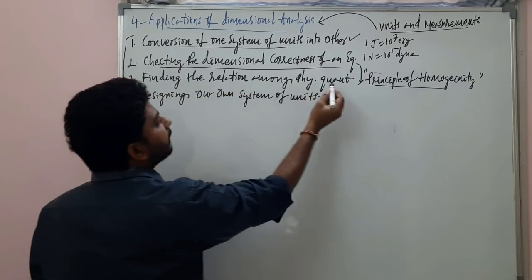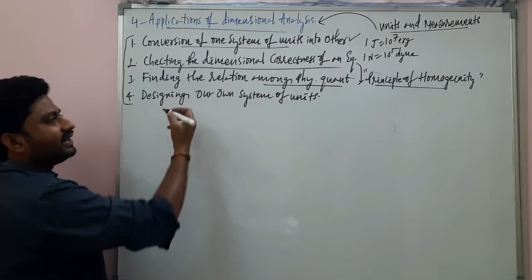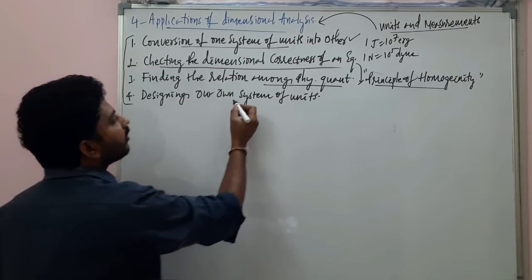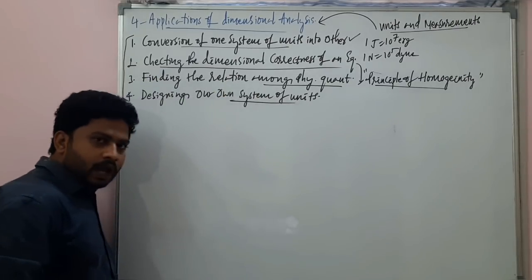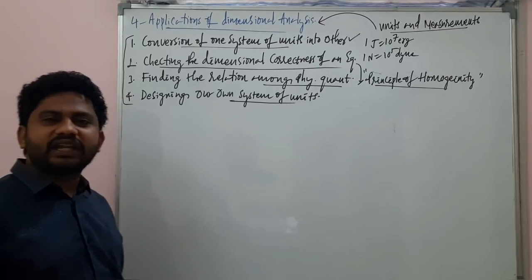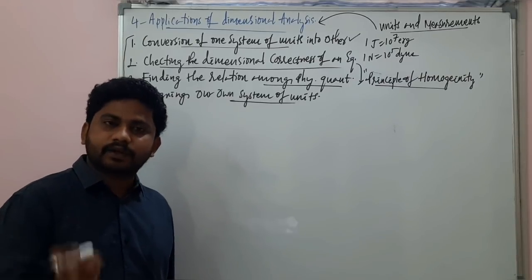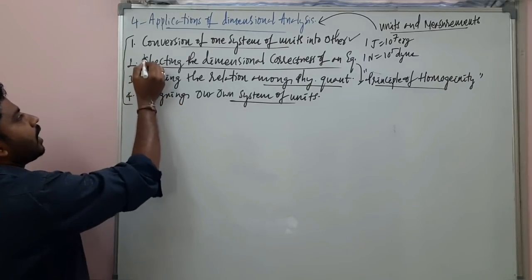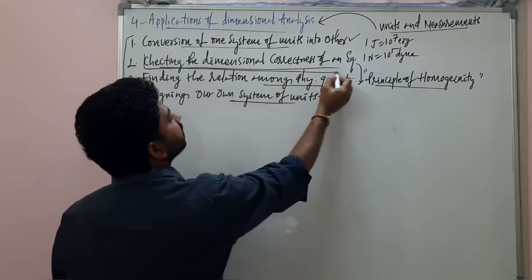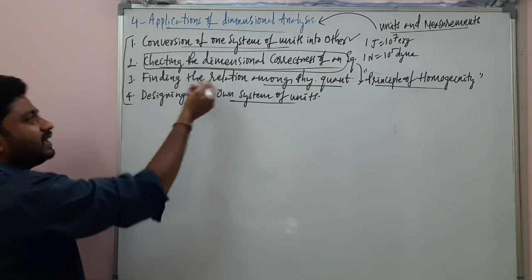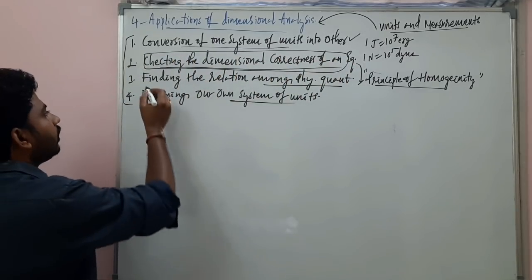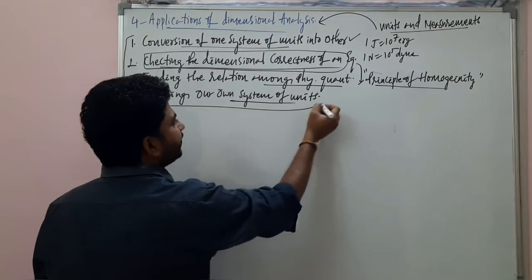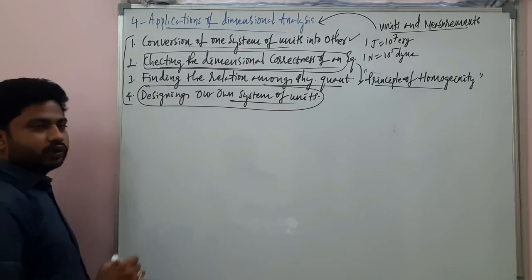Finding the relation among the physical quantities, and designing our own system of units. Most of the times in NEET, JEE, CET exams, the question was asked on the principle of homogeneity. The next important thing is designing our own system of units.